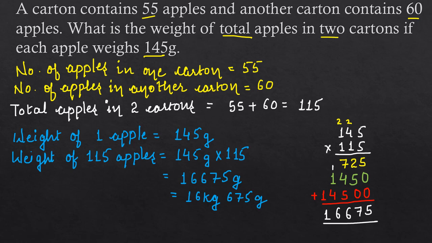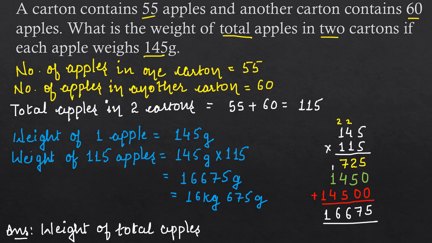So 16,000 grams can be written as 16 kilogram also. So answer is weight of total apples in 2 cartons is equal to 16 kilogram 675 grams.